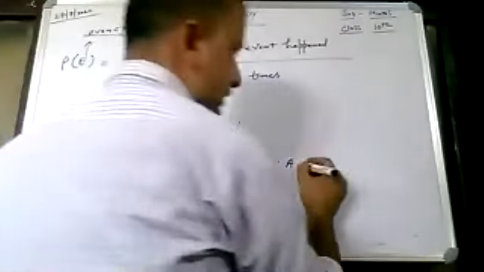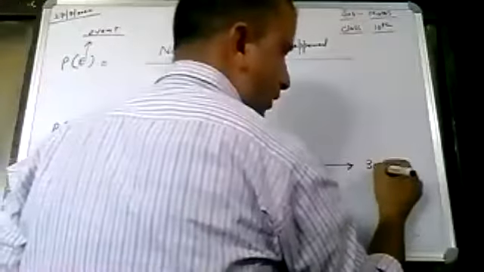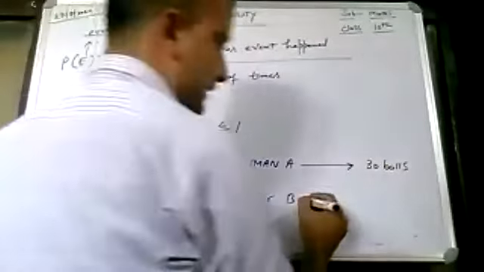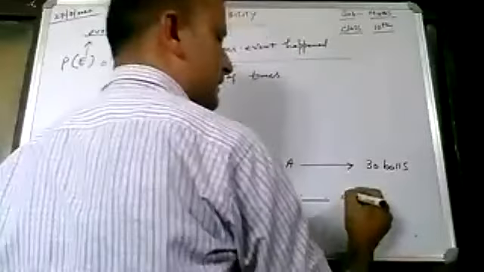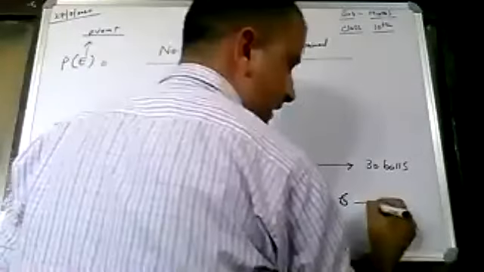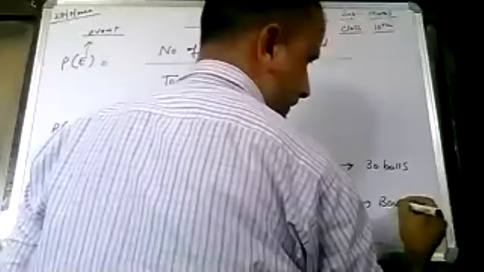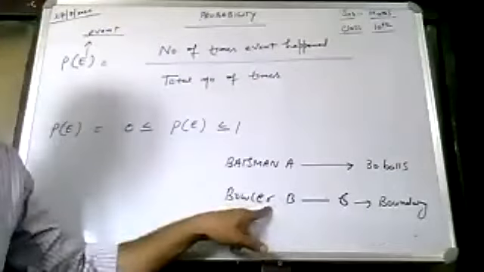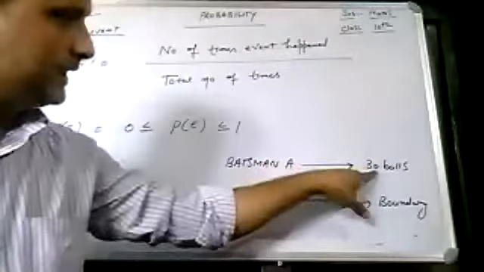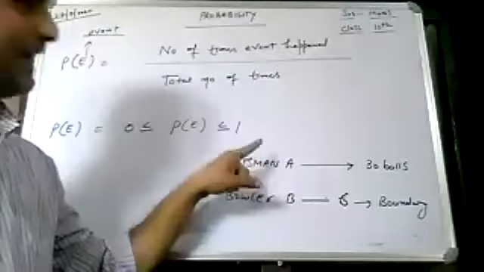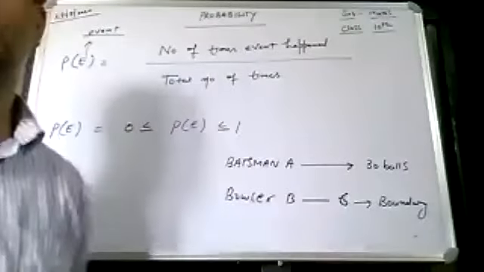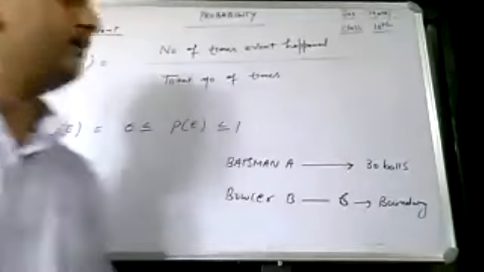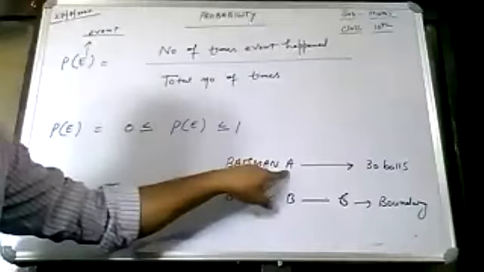Suppose he bowled 30 balls to batsman A. Out of 30, suppose 6 times he hit a boundary. So bowler B bowled 30 balls to batsman A and batsman A hit 6 boundaries out of 30 balls. So what is the probability of hitting the boundary?